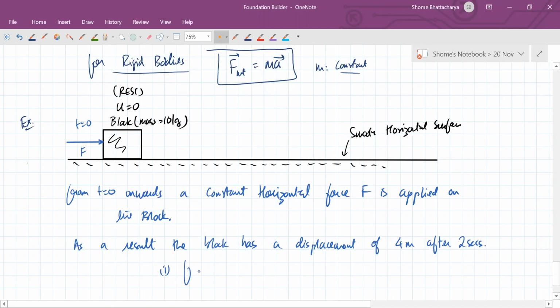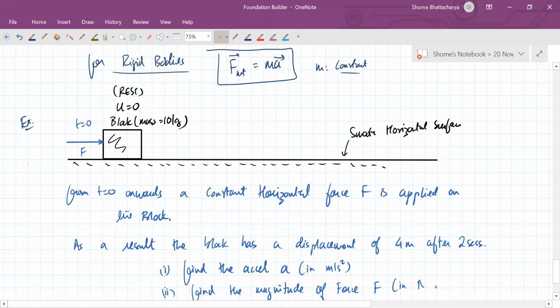So first of all, find the acceleration A in meters per second square, and find the magnitude of force F in newtons. Very simple question. Just the application of this basic equation that we've written on top. Just try this out, people.